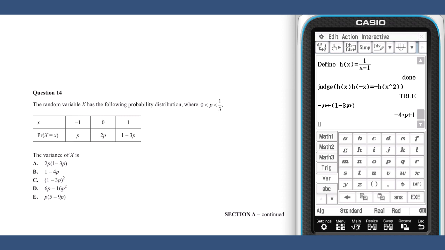And we can use this to compute the variance. The variance is x minus mu squared times p, again summed.